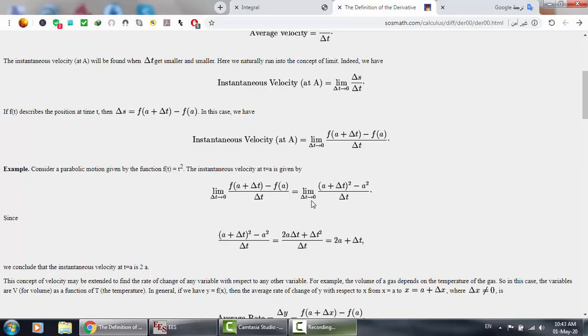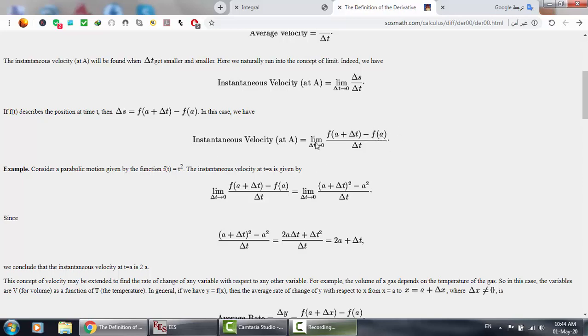the limit as delta t goes to 0 of (a plus delta t) squared. Why? Because you put a plus delta t in each t squared, minus a squared.